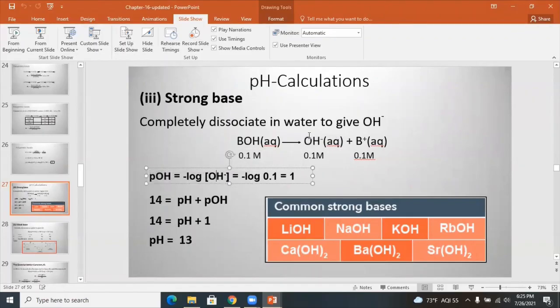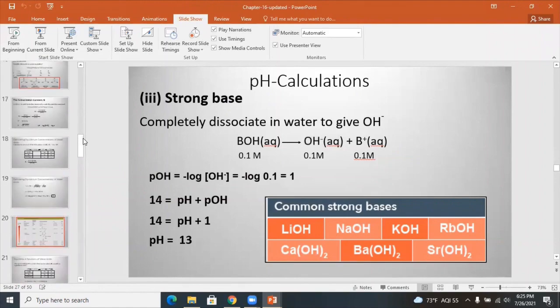When you take minus log of this, you are measuring the pOH right now, because this is the hydroxyl ion concentration. So this is the difference between the base and the acid. For the base, you'll have to do one more step to get the pH. What is the one more step? It is to determine the pH from the equation that I told you.